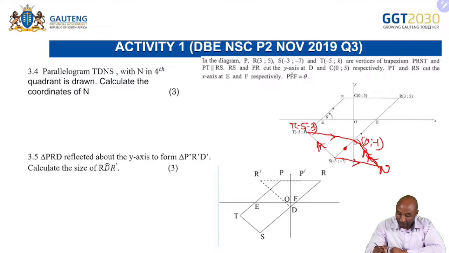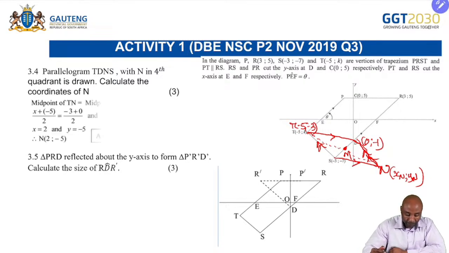Once I have the coordinates of M, the midpoint, it means I have another diagonal, which is diagonal TN. I don't have the coordinates xn and yn, but I can get the coordinates of M, the midpoint of SD, which is also the midpoint of TN, and this will make my life easy.